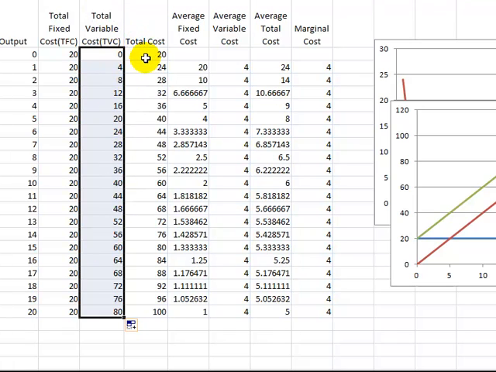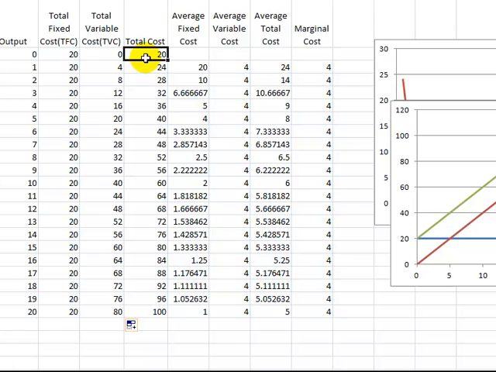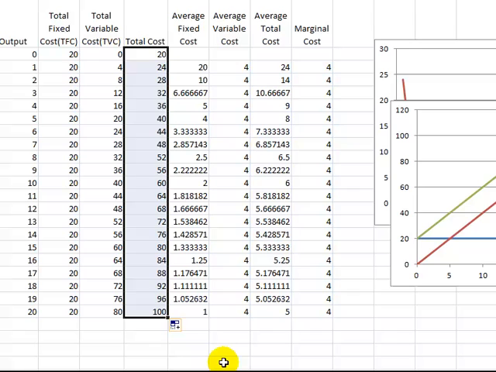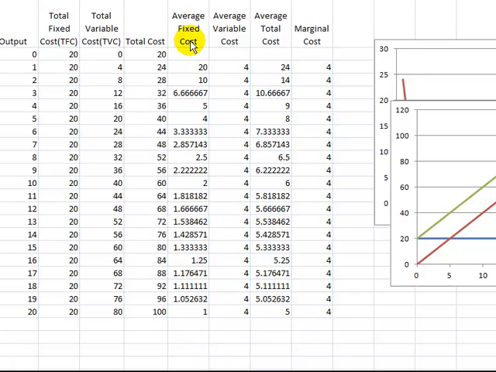And the total cost, we get by adding the fixed cost plus total variable cost. So bring the button down, you get the total cost. For the average fixed cost, let's start with this cell. Why?